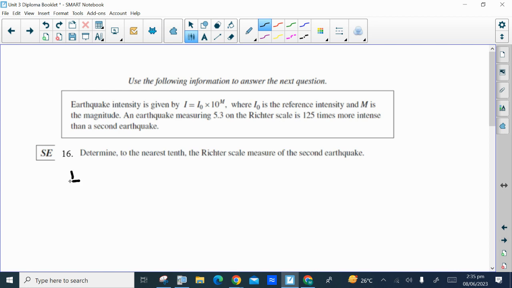So I sub 1 will equal I sub 0 times 10 to the power 5.3. The second one, I sub 2, will equal I sub 0 times 10 to the power m.